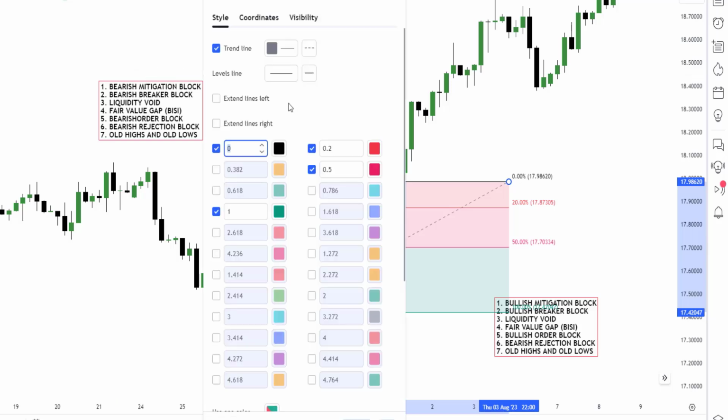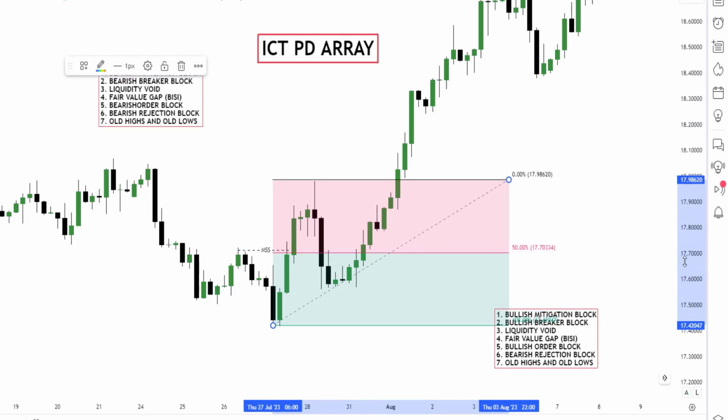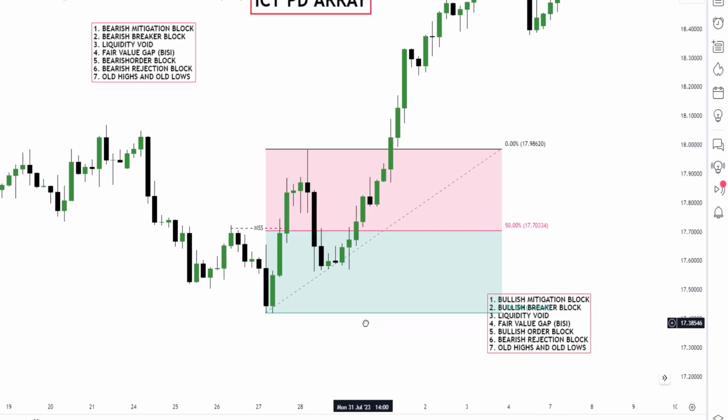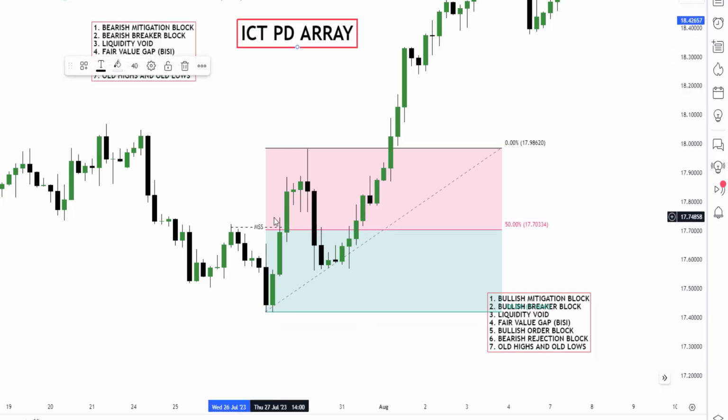Let me just make some little adjustment or little settings to this. Okay, so this is proper now. So this is premium and discount. All right, so above this is a Fibonacci tool, and then this area where it is shaded green, everything below this 50% area is called a discount area.